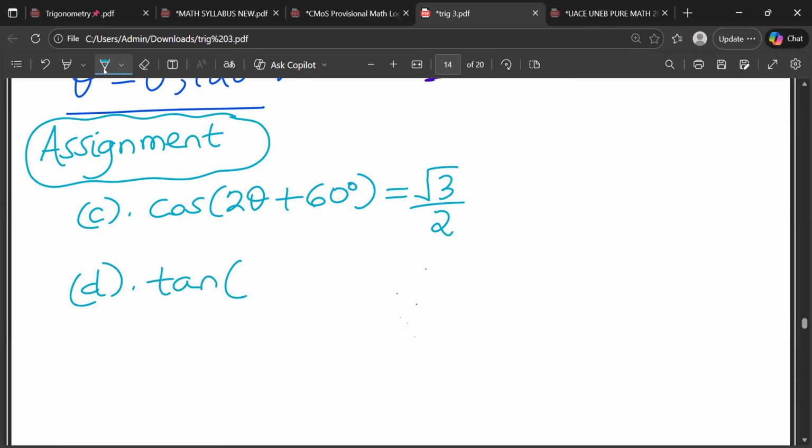What if it's your turn and this round it is squared? This is your 4 theta minus 15 degrees. And this one is your 2/2.